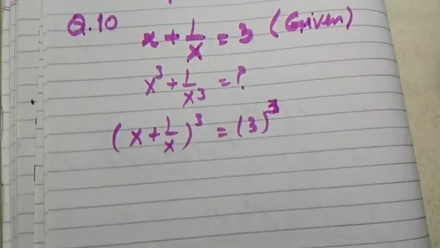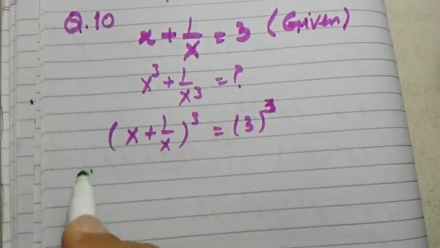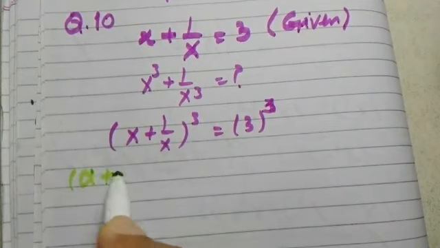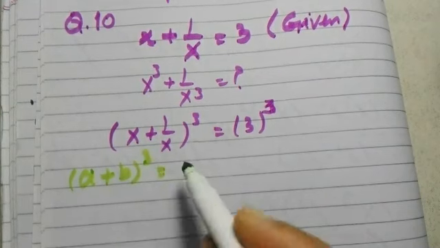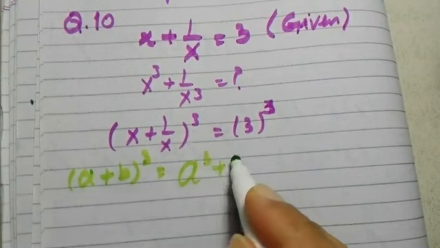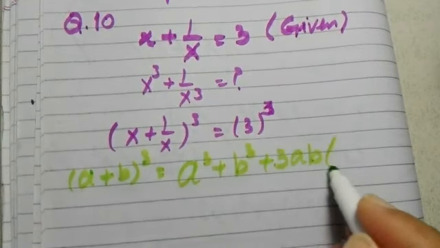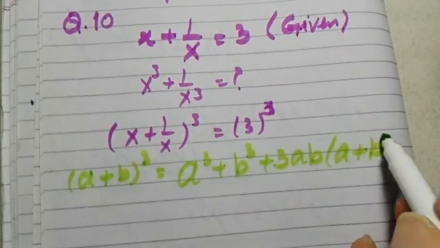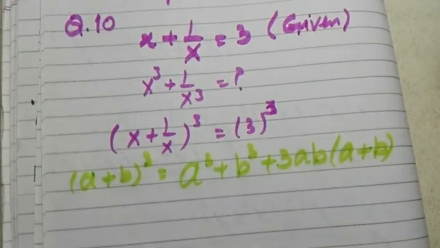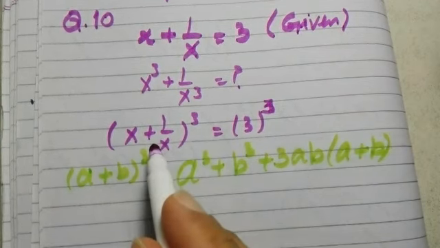And we will use a formula about the expansion of a cube, that is a cube, b cube, 3 times ab, a plus b. So with the help of this formula, we will expand the left hand side.